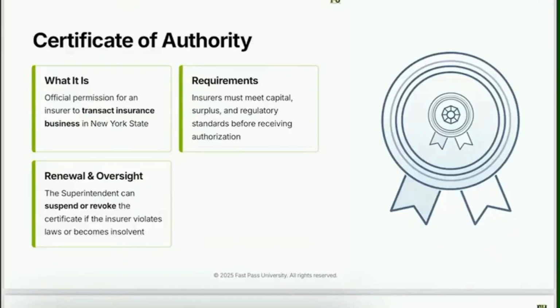So just a bit of a recap on certificate of authority. What it is: the official permission for an insurer, right, an insurance company, to transact business in New York State. The superintendent can suspend or revoke the certificate of authority if an insurer violates laws or becomes insolvent.